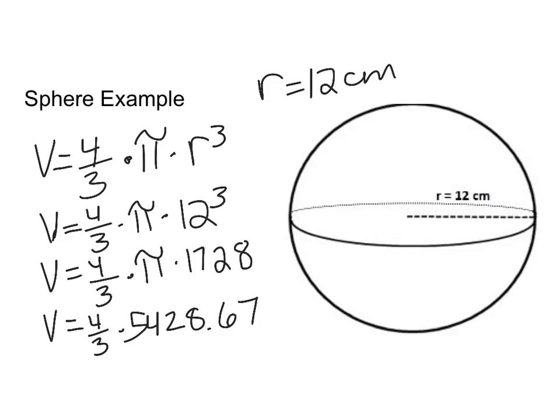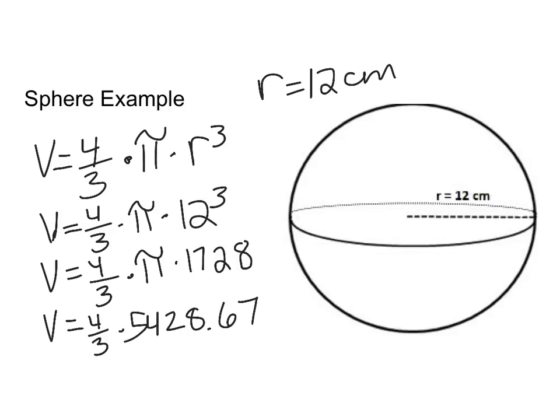You can either do 4 divided by 3 on your calculator, and then do that answer, which should be 1.333333333 times the 5,428.67. Just make sure you keep as many 3's as you can so that your answer is reasonably accurate.